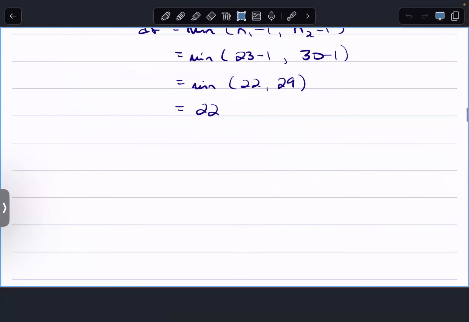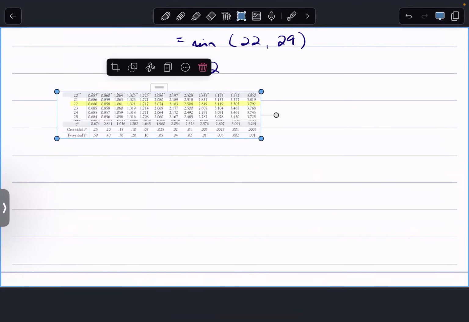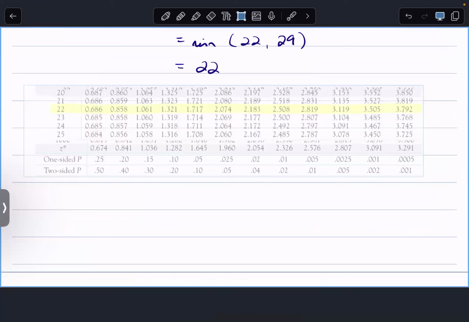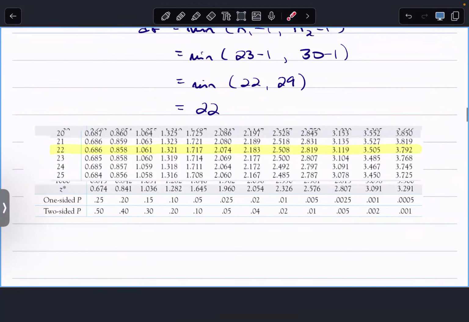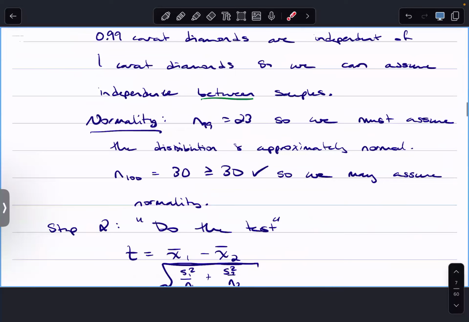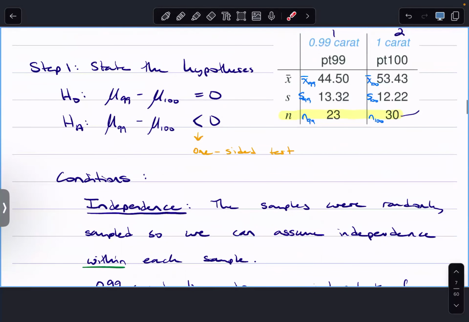Otherwise, it becomes such a huge screenshot there. So I've got my 22 degrees of freedom, and then my one-sided, two-sided p's down here, and we go back up. Oh, what did I say? Oh, I want to know if mu is significant, or if the difference is significantly less than 0, making it a one-sided test.